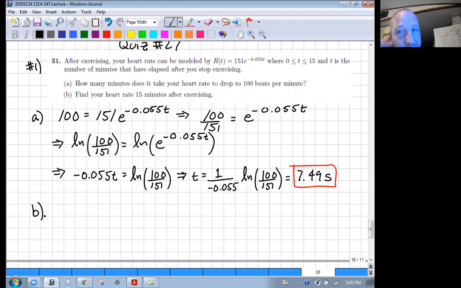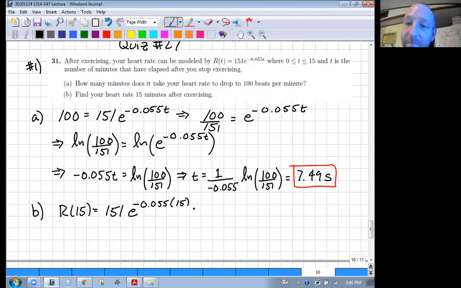Find your heart rate 15 minutes after exercising. Well, this tells us the rate after t minutes. So plug in a 15 for t. e to the negative 0.055 times 15. So this is just plugging that in. I wrote this wrong here though. 0.055.